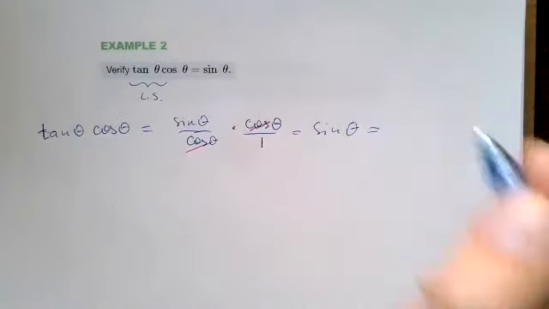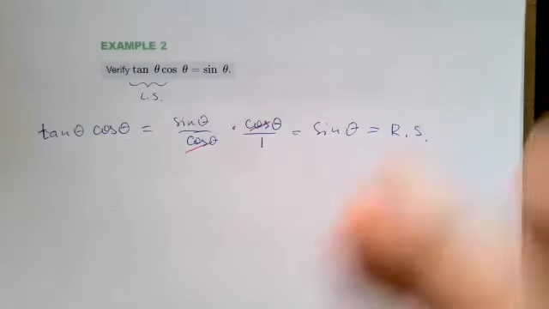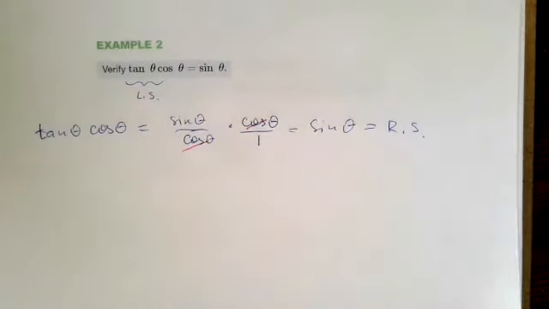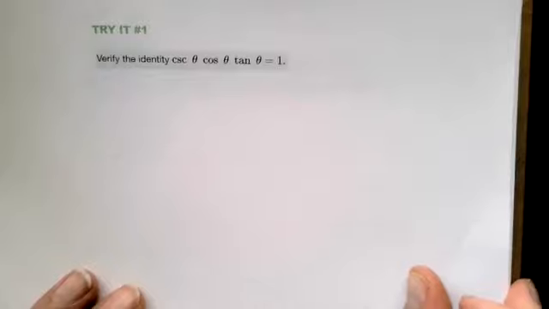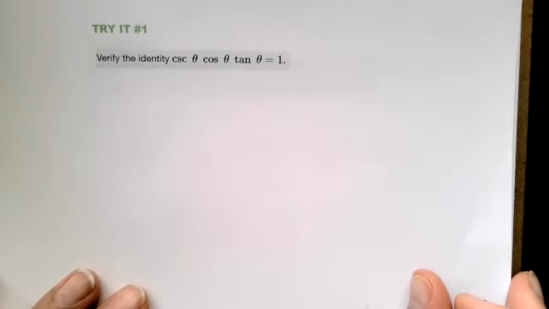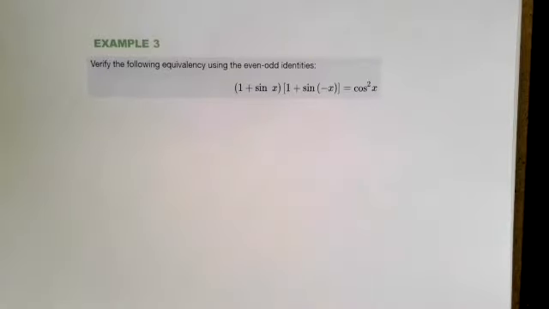This now looks like the right side. So we're done. Proven. I want you to try this problem by yourself and see if you can prove it. Pause the video here if you'd like, and then we're going to move on to the next example.